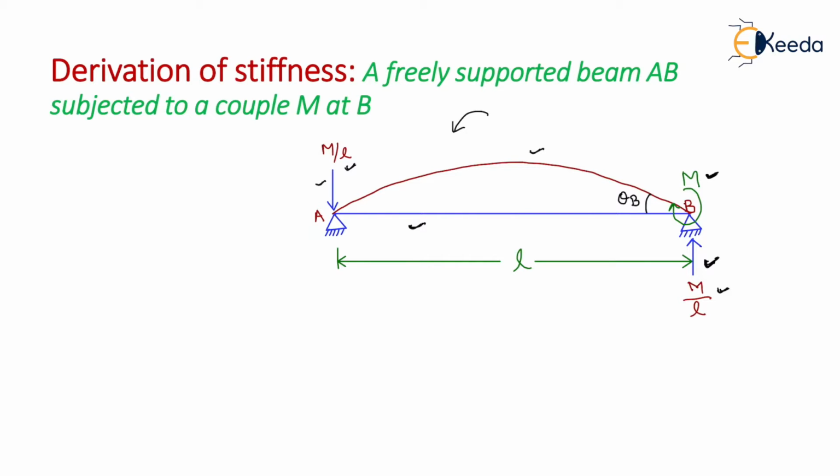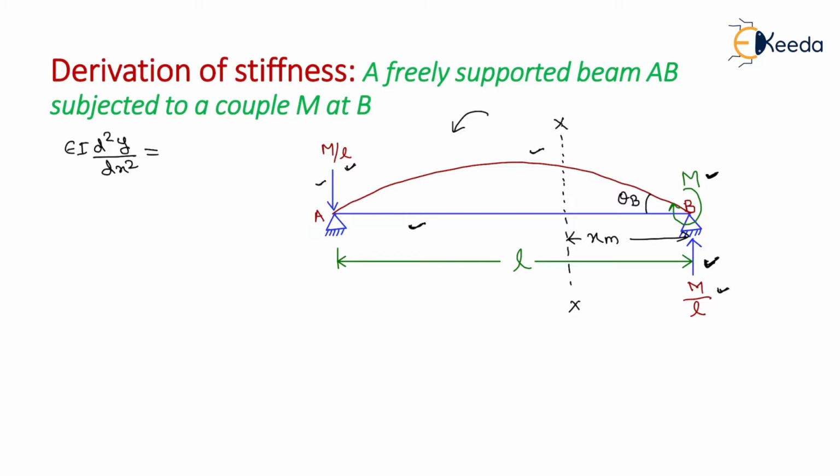Okay students. Now for finding the stiffness equation, we need to take a section XX here whose distance is x meter from support B. Now we need to write the slope equation, that is EI d square y upon dx square, equal to the net moment acting at section XX.